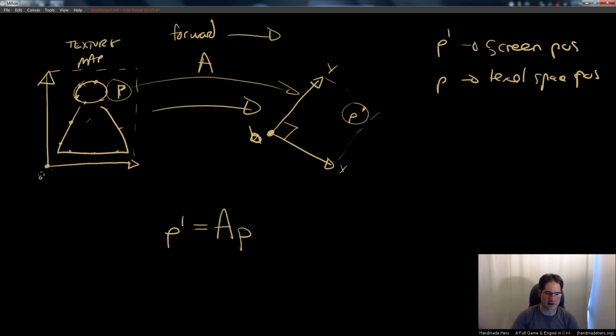That's where this is at 0, 0. That's where this is at 1, 0, and this is at 0, 1. Right? This known space. And it moves everything over to this other space here where the origin is not at 0, 0, it's at B. And these vectors are not 0, 1 and 1, 0. They're some random vectors that are whatever they are. They could be anything, right?